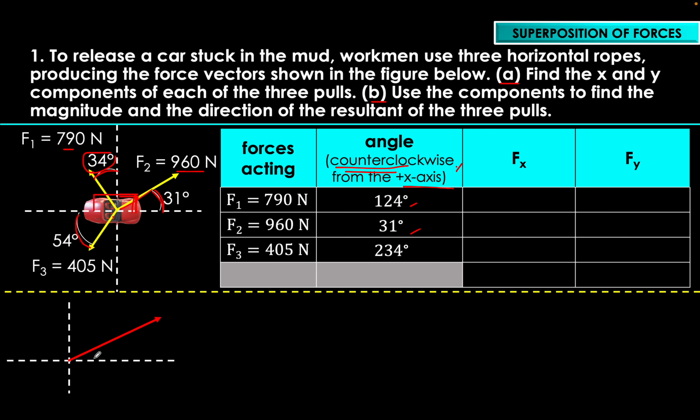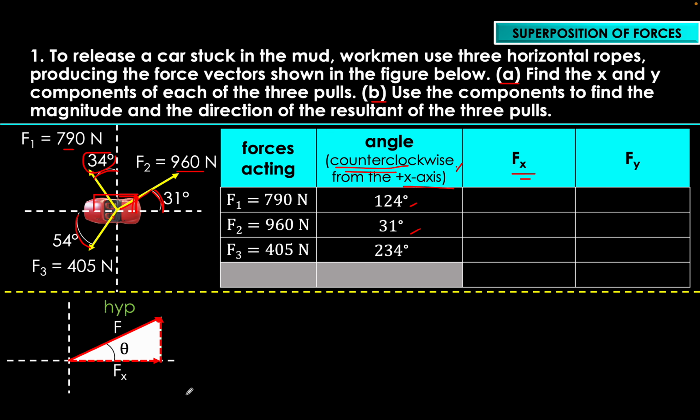If you have a force vector that looks like this, of course it has a y component, pointing upward in this case, and it also has a horizontal component, which we call F sub x. This F sub x in this illustration is what we are trying to solve for, if you represent this trigonometrically. To solve for this, first you have to imagine a right triangle in here, and it has an angle with respect to the positive x-axis.